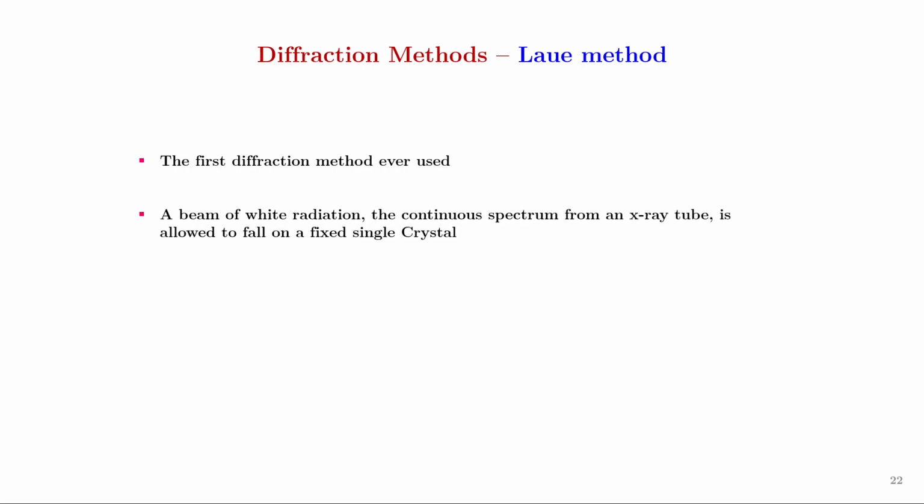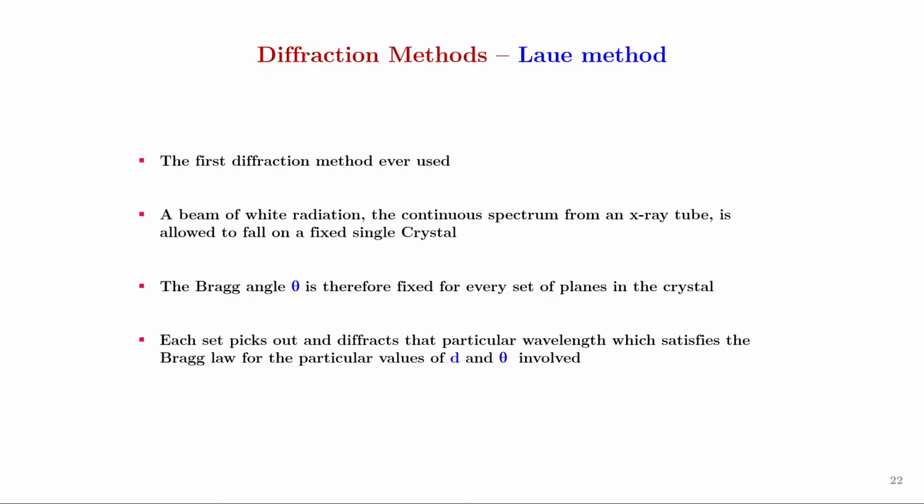The Laue method. The Laue method was the first diffraction method ever used. In this, a beam of white radiation, the continuous spectrum from an X-ray tube, is allowed to fall on a fixed single crystal. The Bragg angle theta is therefore fixed for every set of planes in the crystal.